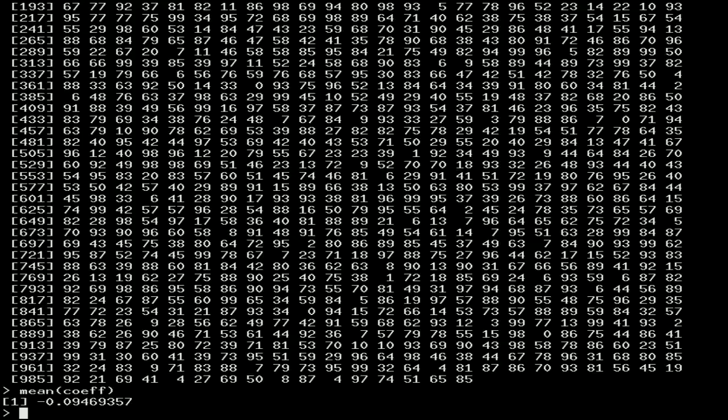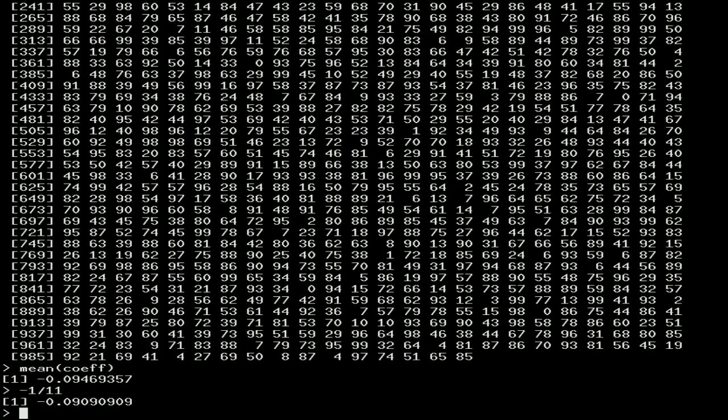And our true value that we know from our previous calculation is negative 1/11, which is approximately negative 0.0909. And so in this way, using 100 squares on a side, we get a pretty reasonable value for our correlation coefficient. So here we see how, in the multivariate case, we can use projections to go down to two single variables.